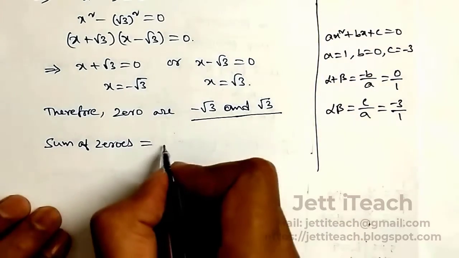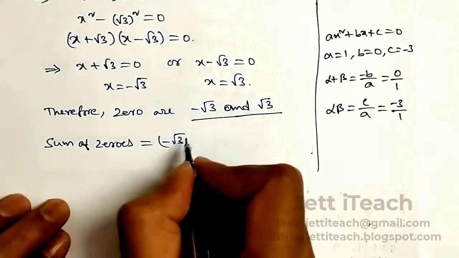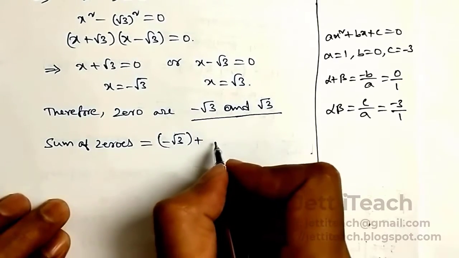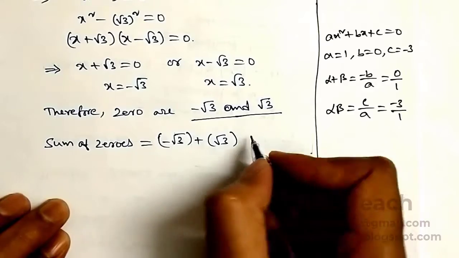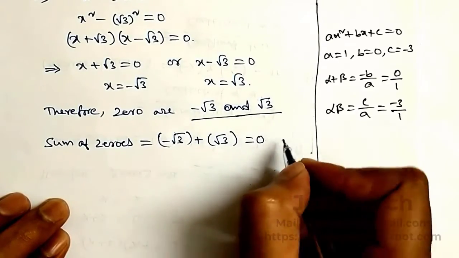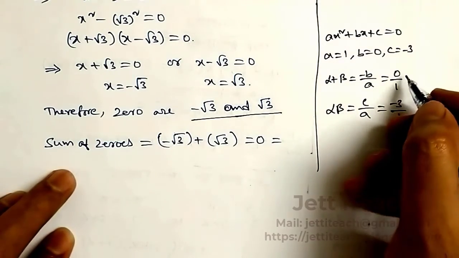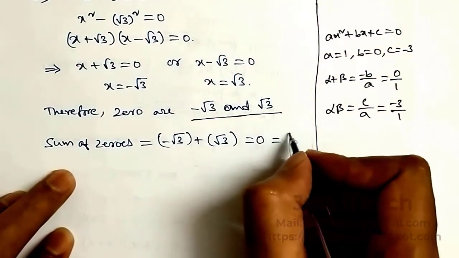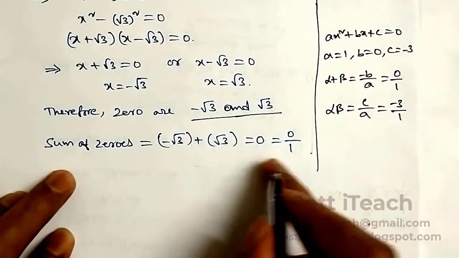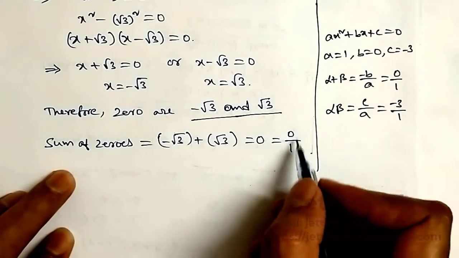Sum of zeros: minus root 3 plus root 3. What's the value? It's 0. It is nothing but sum of roots. You can write 0 as 0 by 1.